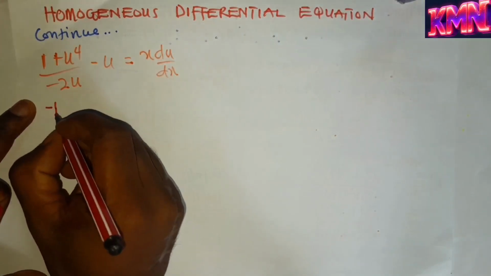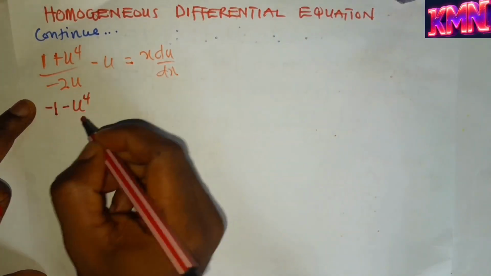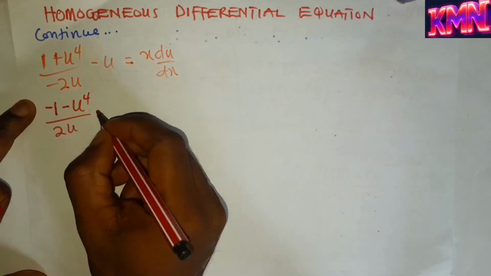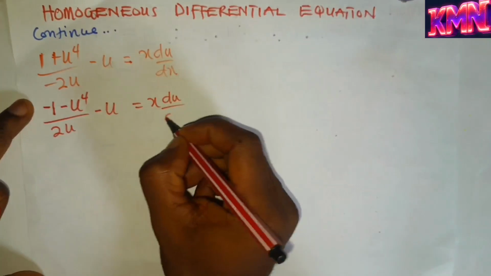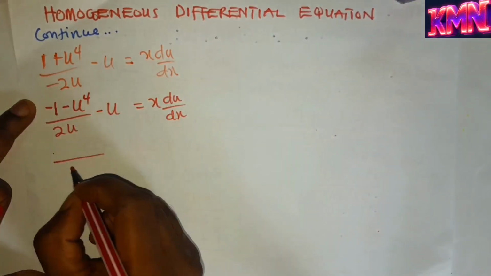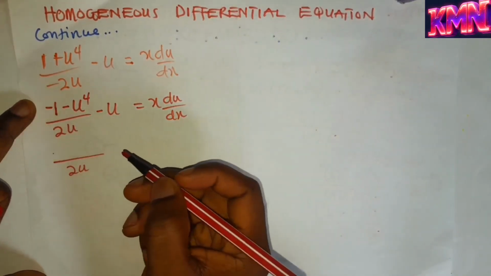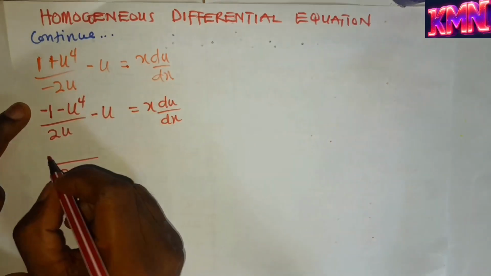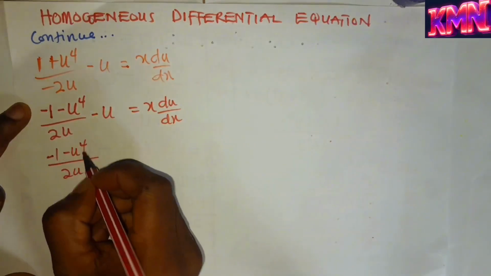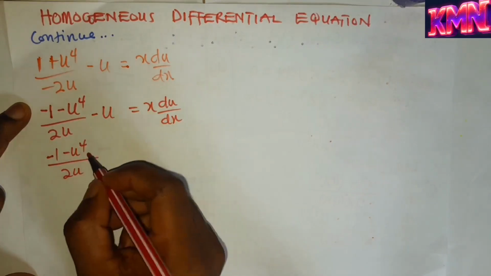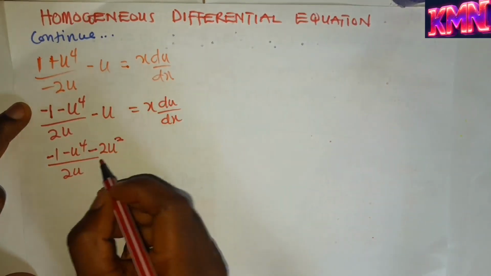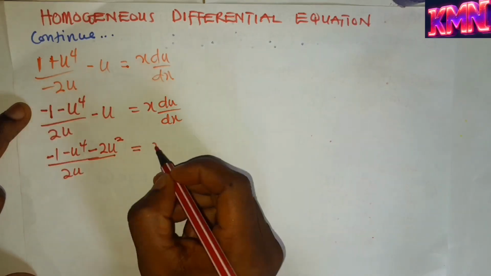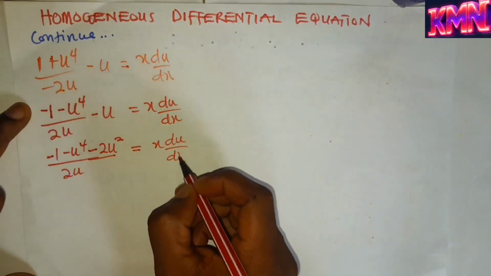That will be (-1 - u^4) on 2u minus u equals x du/dx. The LCM for that side is 2u. So in that case, we are getting the same thing, -1 - u^4, and here we are getting minus 2u^2 equals x du/dx.